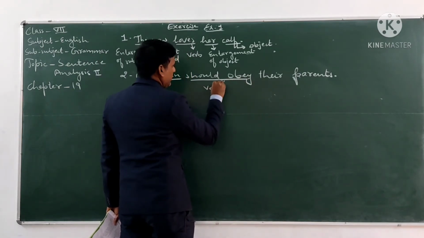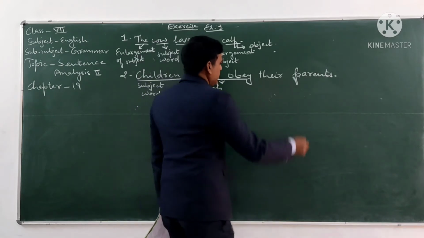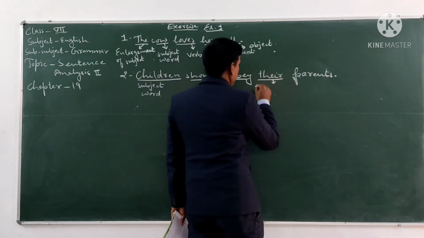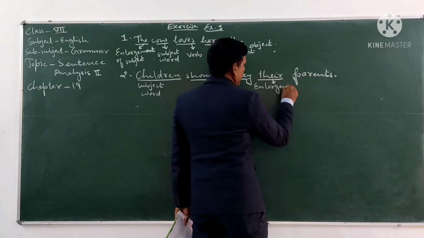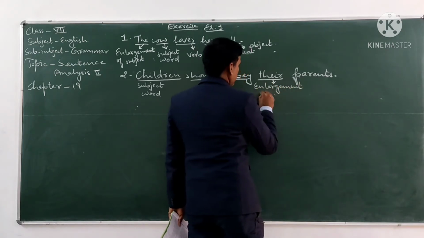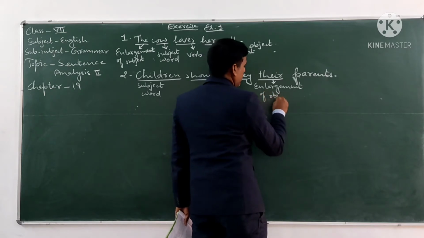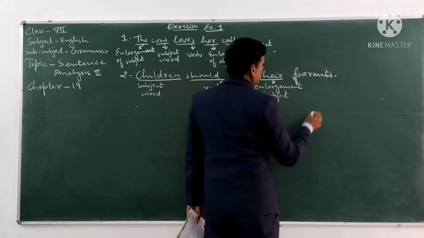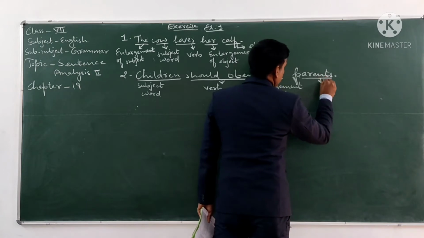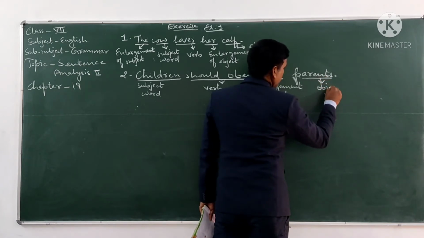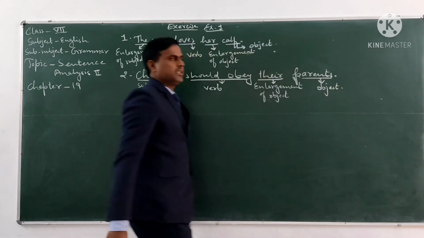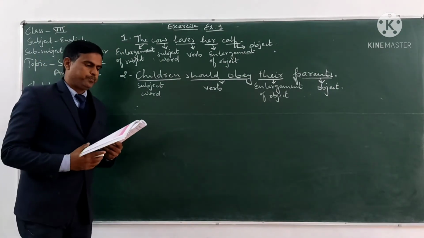Their is the enlargement of object, and parents is the object. So this is the analysis of sentence number 2.